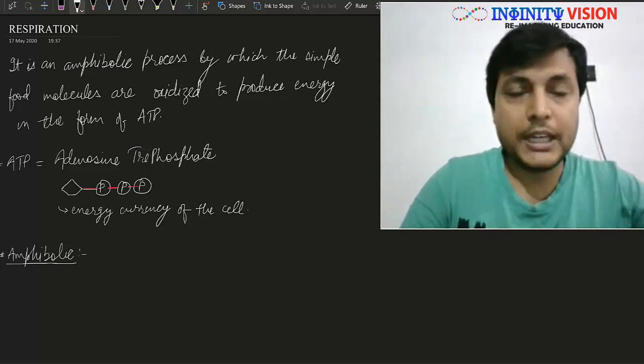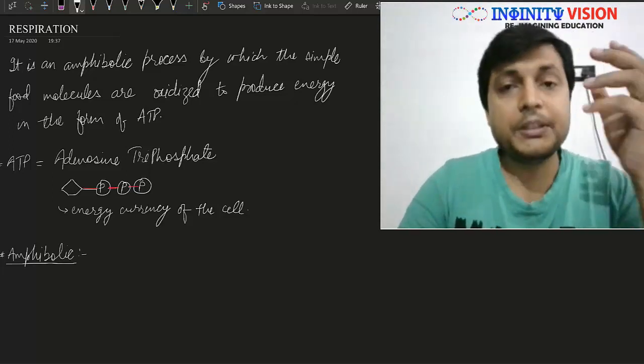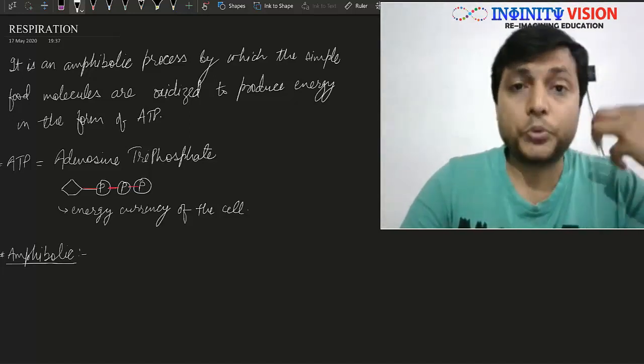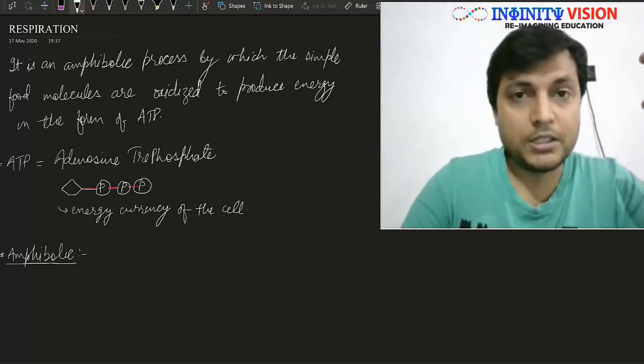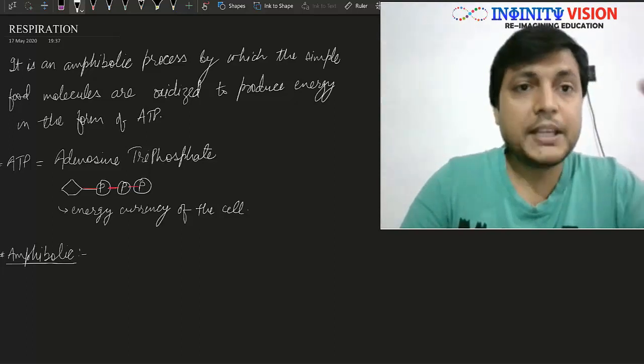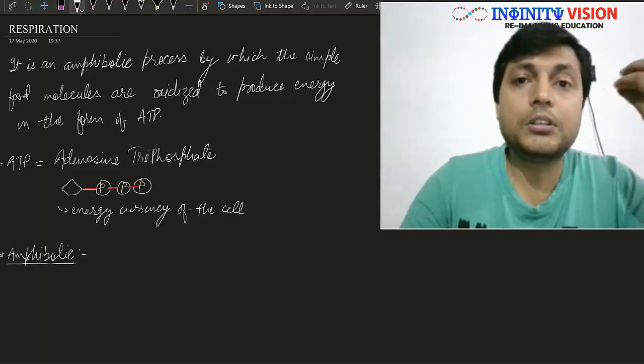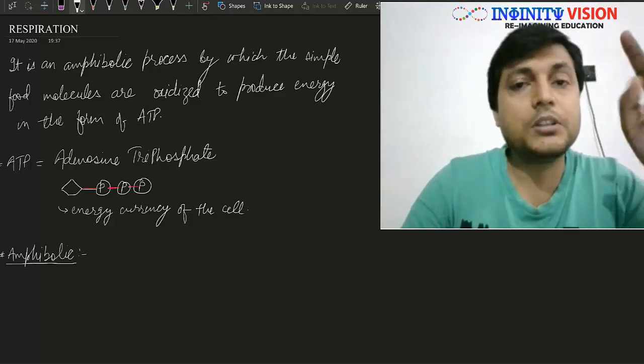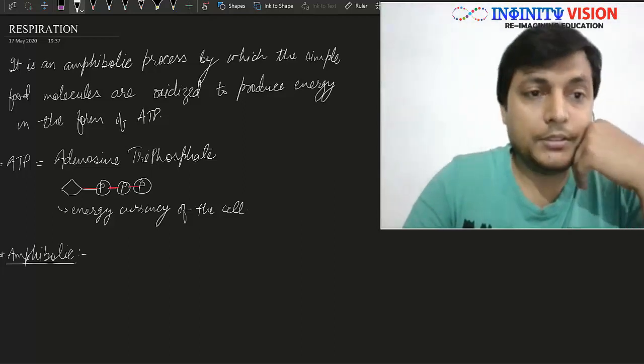Catabolism, to remember, is like cutting: a kind of metabolism in which some molecule is broken down. Anabolism is when some new molecules are formed. Catabolism and anabolism both are part of metabolism.